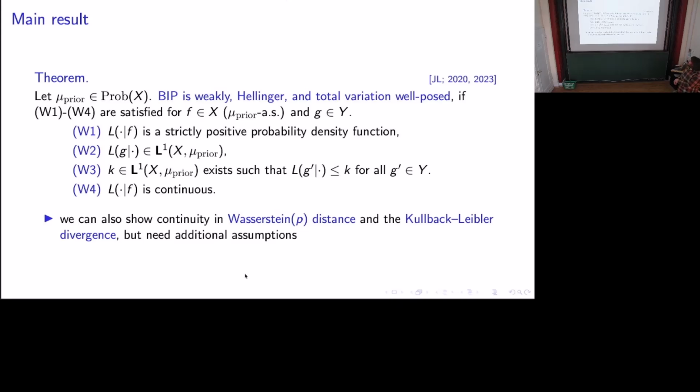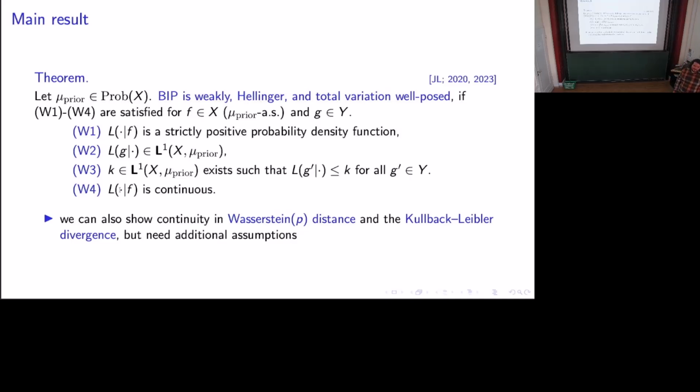Then there's a theorem, which you can find in these papers, that has four conditions. First of all, L is strictly positive, L is integrable as a function of f, as we had before, there is some integrable k that bounds L uniformly, and L is a continuous function of the data.